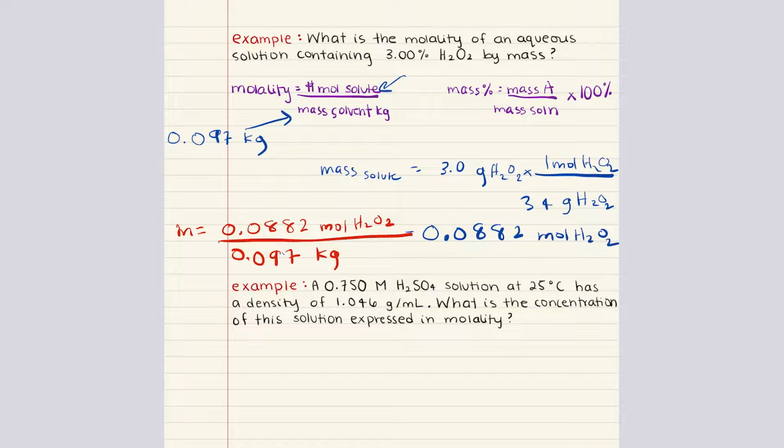Plug this into a calculator, and we're going to get that our molality is 0.909. And that's our final answer. Now we can write this as 0.909 molality, or we could write it as moles per kilogram. And there we have it. That's that first practice problem.